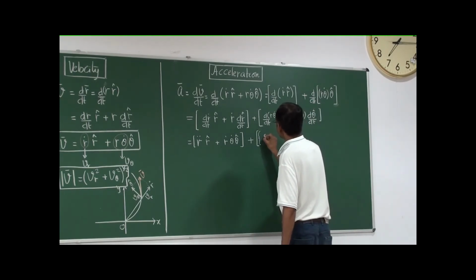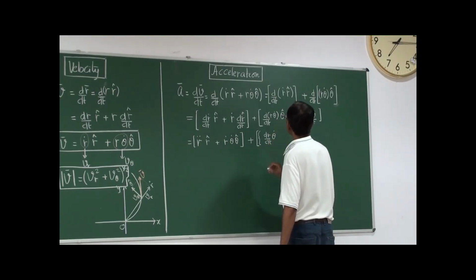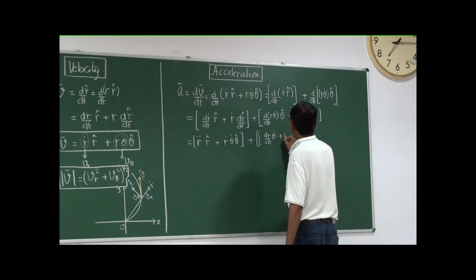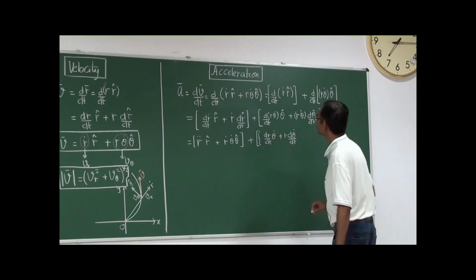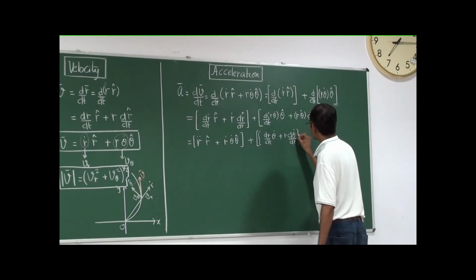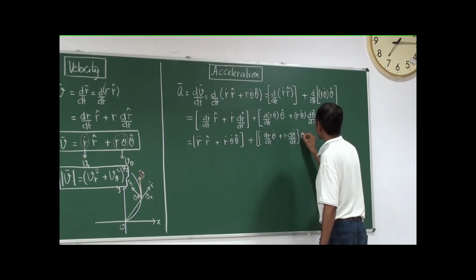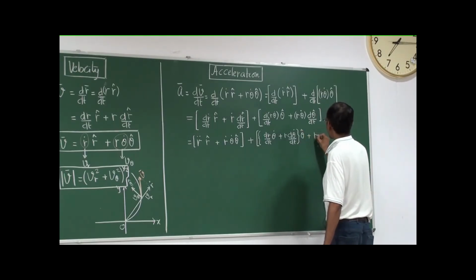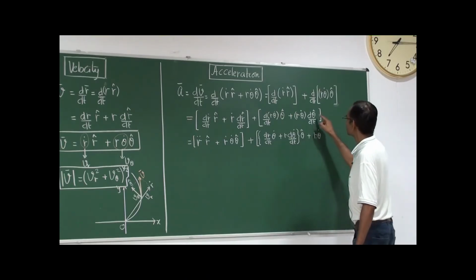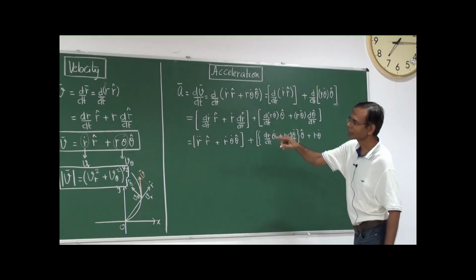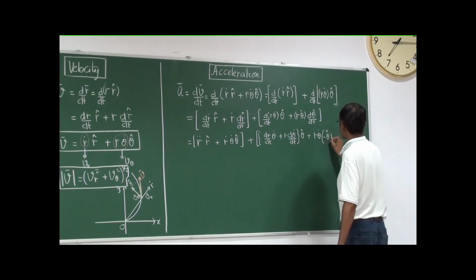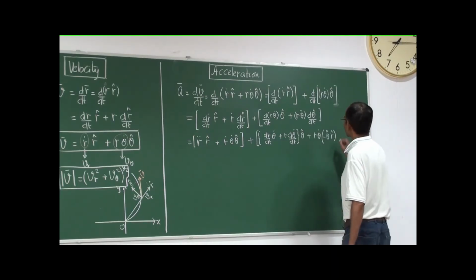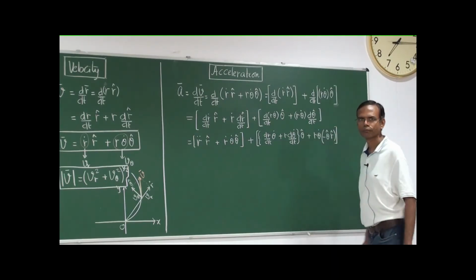So it is dr by dt theta dot plus r d theta dot by dt, and curly bracket closed, theta cap plus r theta dot d theta cap by dt. d theta cap by dt is minus theta dot r cap. Then the other bracket is also closed.